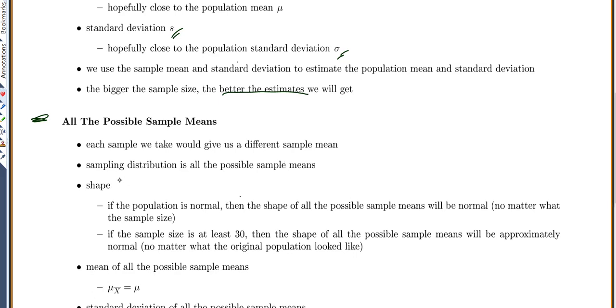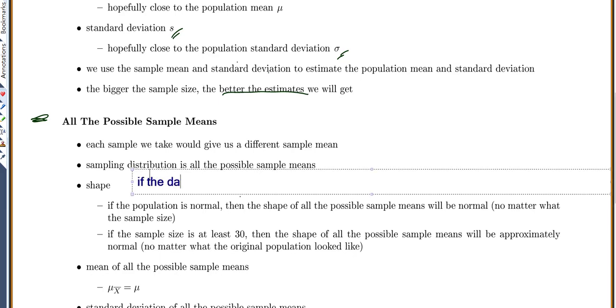The shape of all the possible sample means has two options. One, if the population is normal, then the shape of all the possible sample means will be normal, no matter what your sample size. And if the sample size is at least 30, then the shape of all the possible sample means will be approximately normal, again no matter what your original population looked like. You also have a third category that people keep asking about.